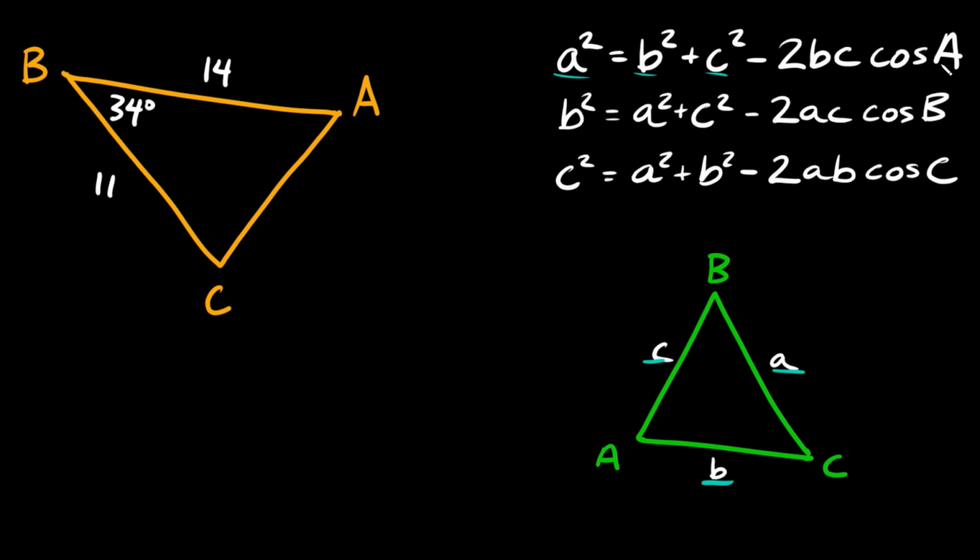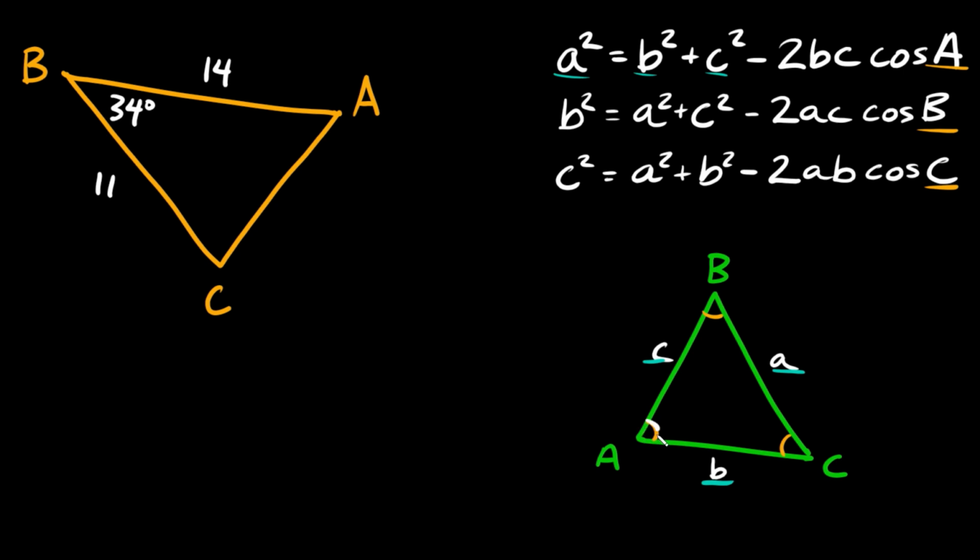Now we also have some uppercase letters, right? A, B, and C. So those are the angles of your triangle. So you'll notice on this triangle over here, this is angle A, this is angle B, and this is angle C, all right? And one thing you want to keep in mind is that they're always in pairs, right?